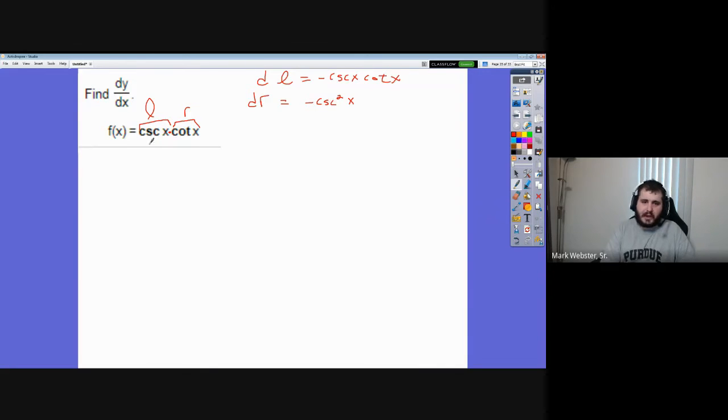So now look, left d right plus right d left. Let's do it. Left d right, that's cosecant times negative cosecant squared. So that's negative cosecant cubed, because 1, 2, 3, right? Negative, so we got minus, because it's plus a minus. Cotangent times cosecant, so we got minus cosecant x cotangent squared x.